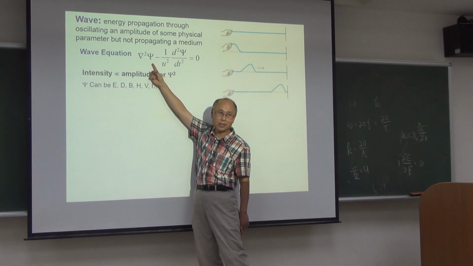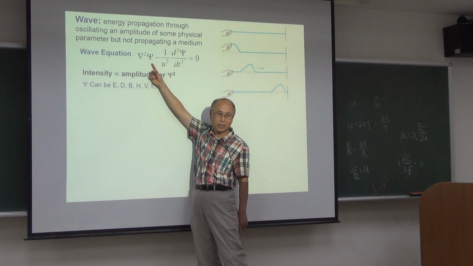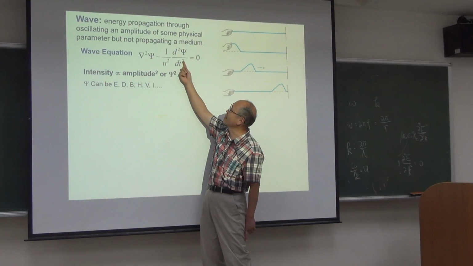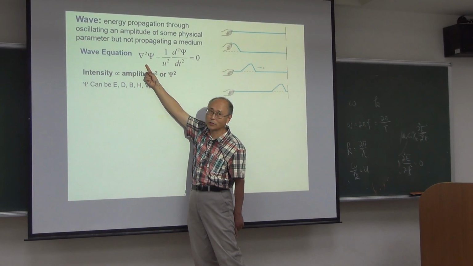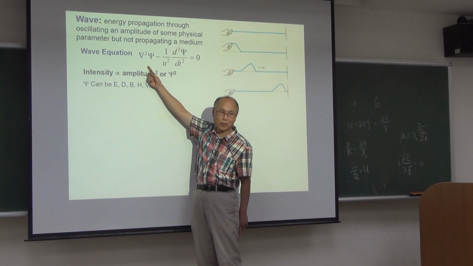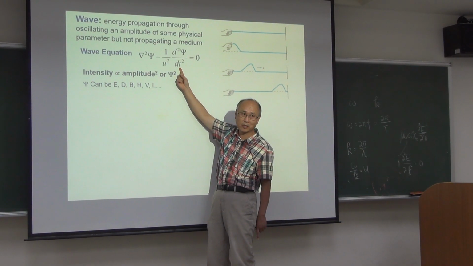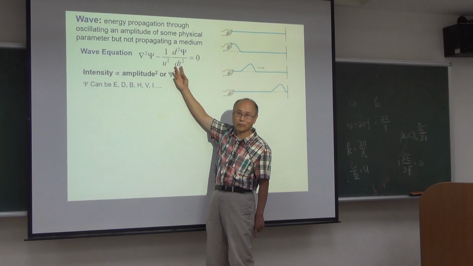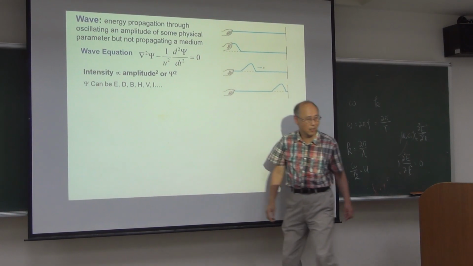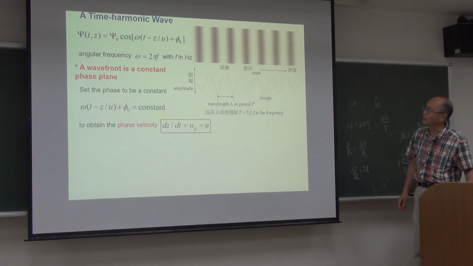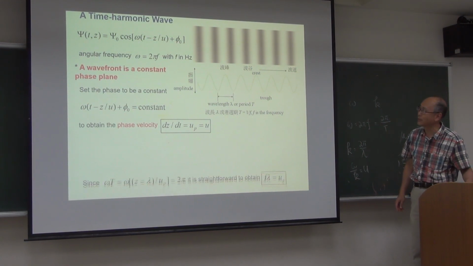Because c is a function of position and time at the same time. This is a partial differential equation with respect to space, and a partial differential equation with respect to time. So you have 2 variables. This is tedious. But let's try to remove the temporal part if we deal with a harmonic wave.